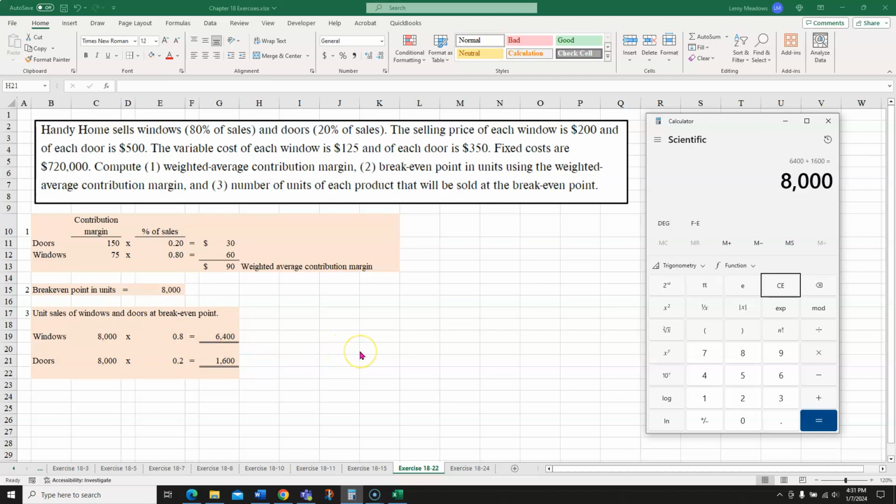So this is how we would calculate break-even point in units with multiple products.